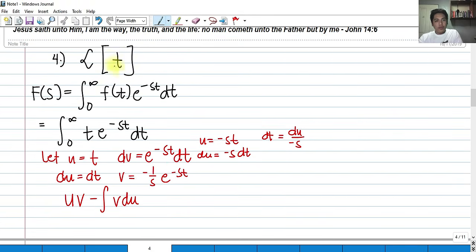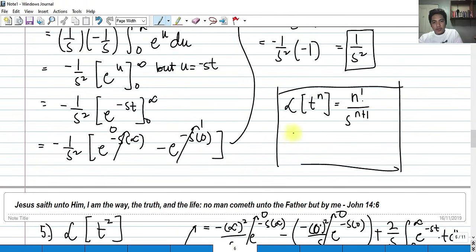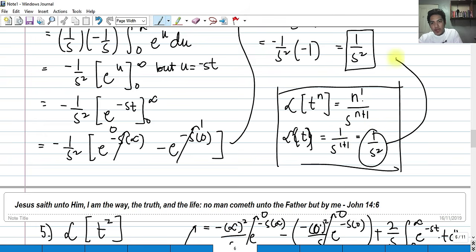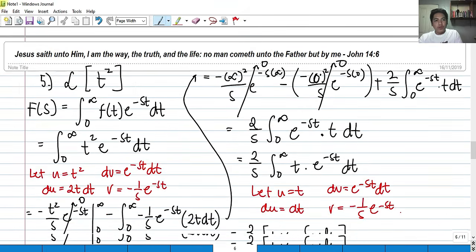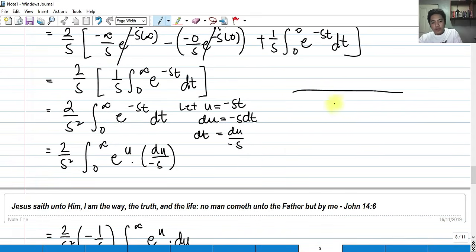So if we apply this, the Laplace of t, this is t raised to 1. So n factorial, 1 factorial is 1, and we have s, the exponent is 1 plus 1, so that is simply 1 over s squared, just like we have here.